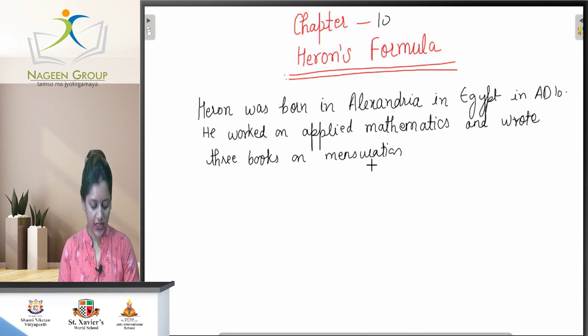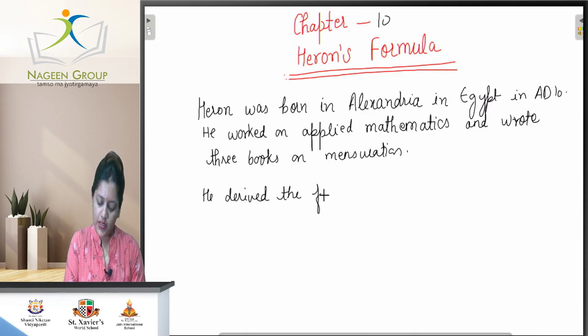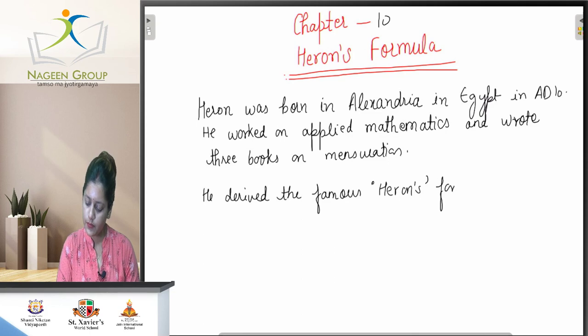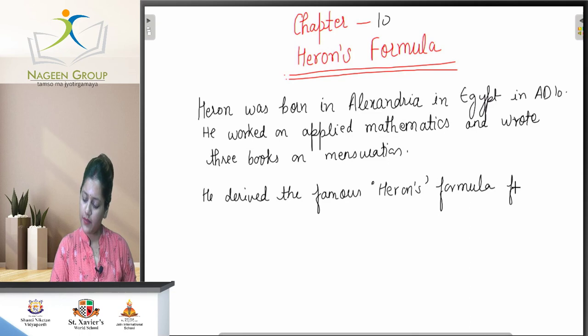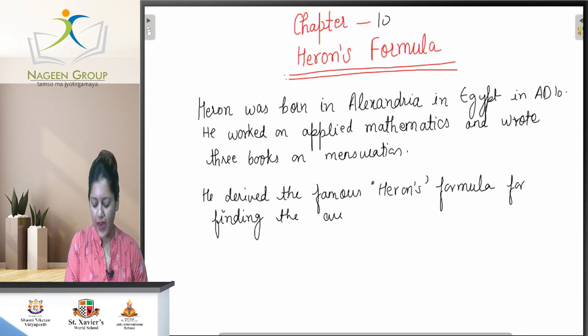After that, he derived the famous Heron's formula for finding the area of a triangle.